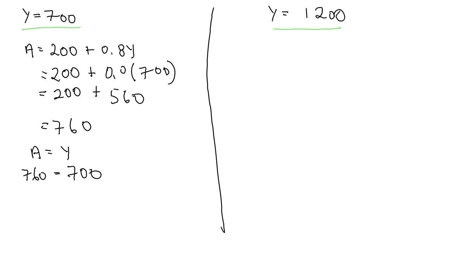Absolutely. So in this case, we find that they do not equal each other, and therefore A is greater than Y. Now, A is greater than Y by 60, so there's an excess demand, forgive the handwriting, of 60 units.